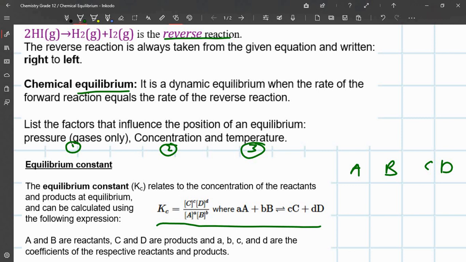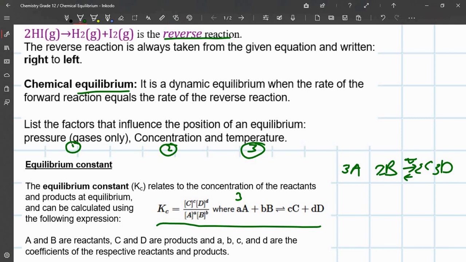So this could have been 3A plus 2B, or the other way around, 2 and 3, whatever. Just an example of what it means. And using these coefficients and the molecules themselves, we can get the equilibrium constant.